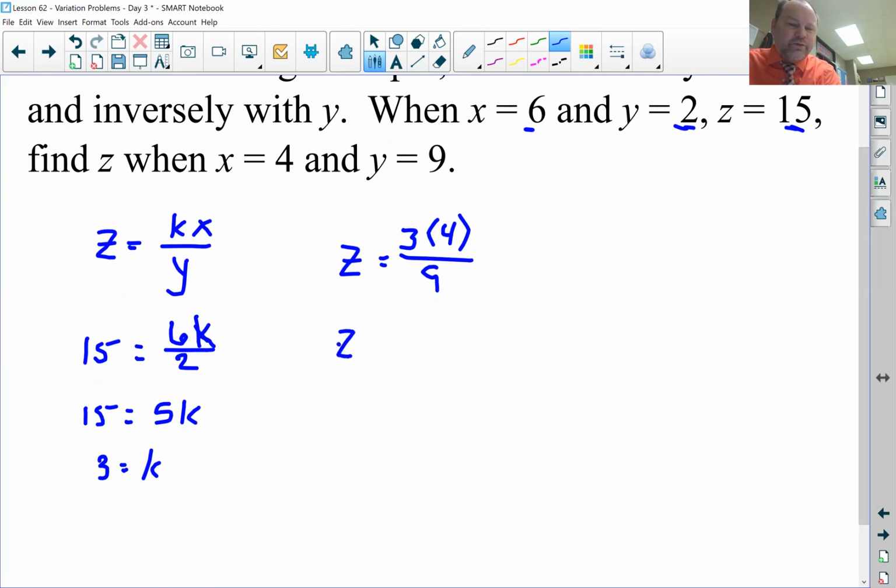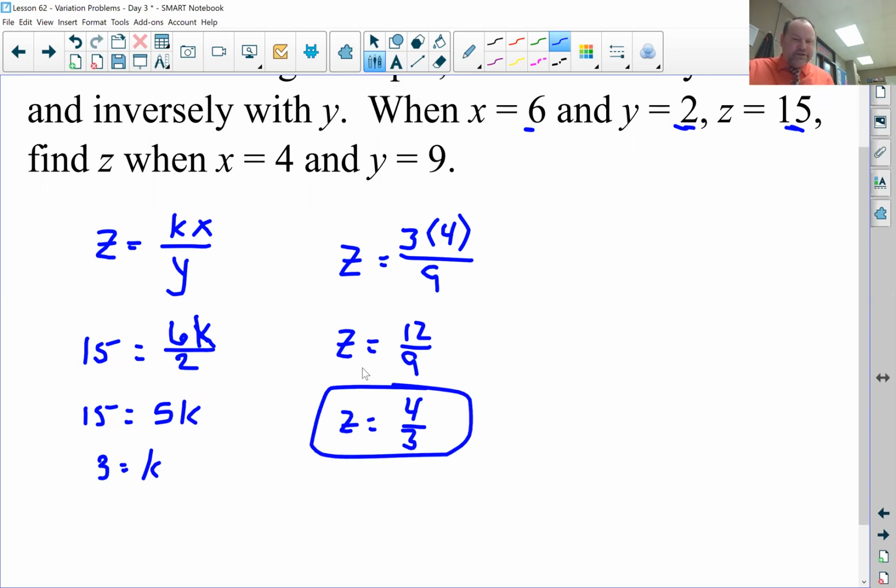So it's basically plugging in what we know, solving for a variable, and then taking that information and plugging into the equation to solve for a different variable. So in this case, Z is 4/3. And again, you will have problems in your homework. Some will look just like this. Others will be word problems.